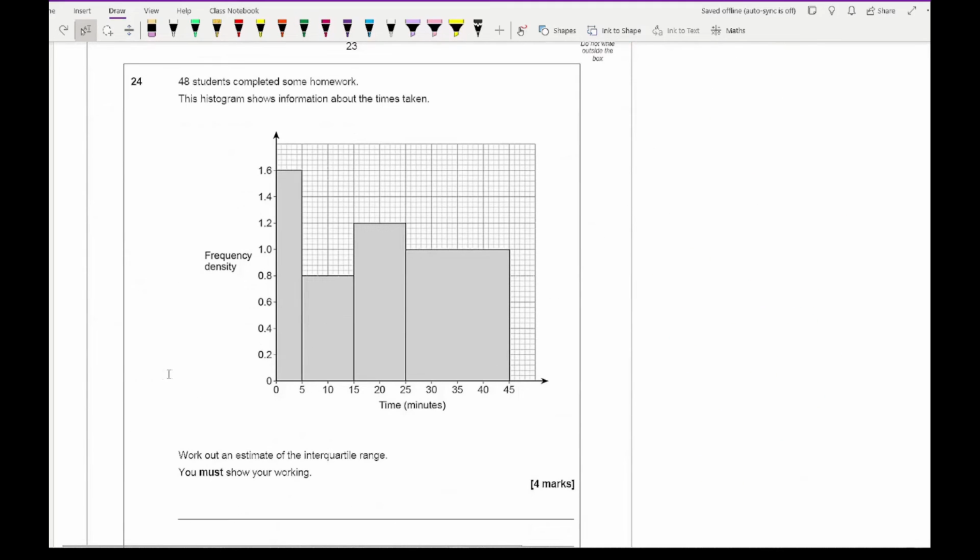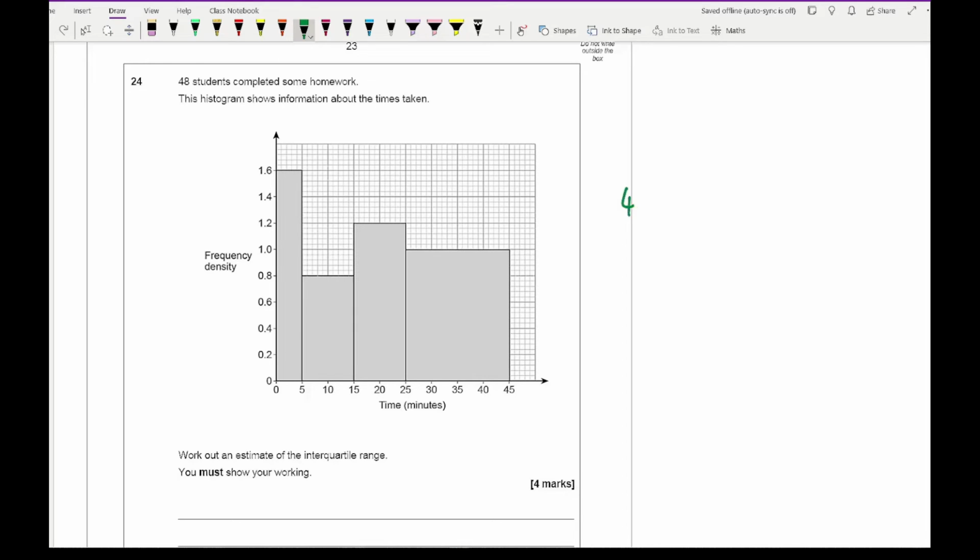Moving on to question 24. So it says 48 students completed some homework. The histogram shows the information about the times taken. Work out the estimate of the interquartile range. Now for this, what we need to work out is whereabouts our interquartile range actually lies. In terms of this, what we need to do is first of all work out how many there are in each one.